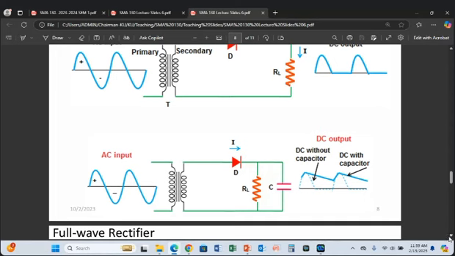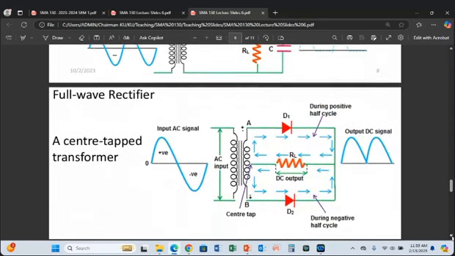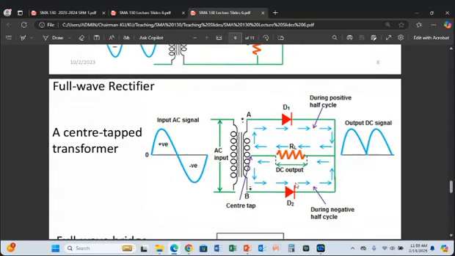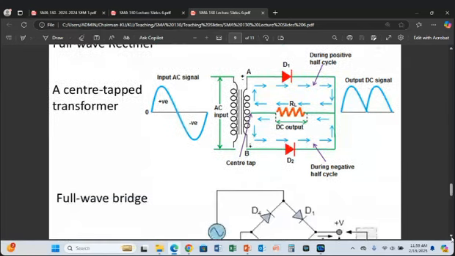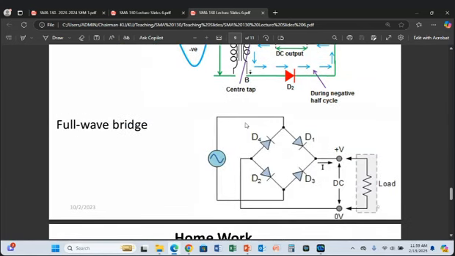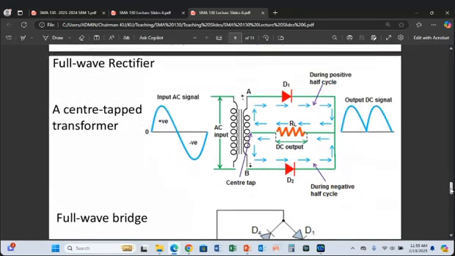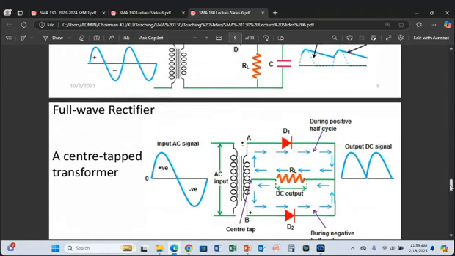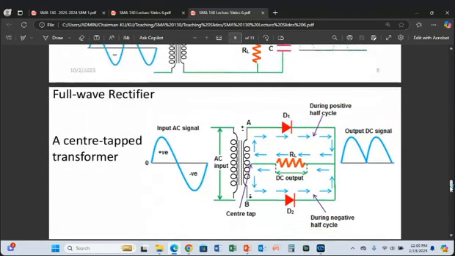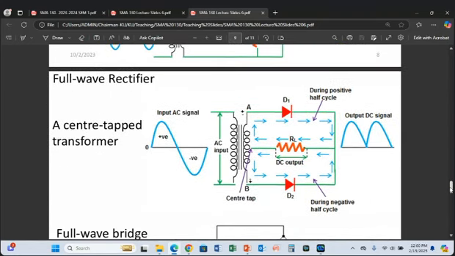In other words, we use the capacitor to smooth this voltage.